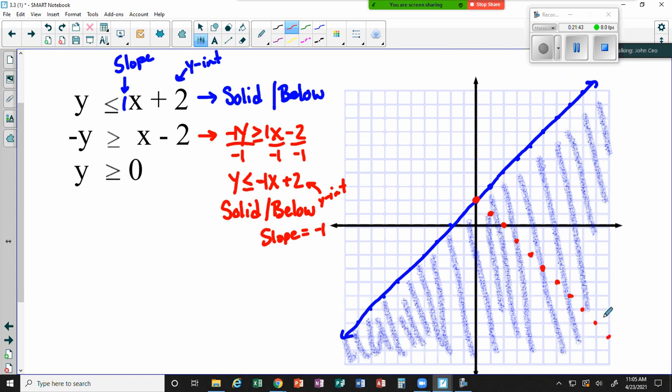Once I run out of room, I can't go down and to the right, so I'm going to go to the left. Now, the other thing you should probably do is look at it and say, okay, I know my slope's negative, so that means my line should be going down. I have a negative slope, it should be decreasing, right? And it is.